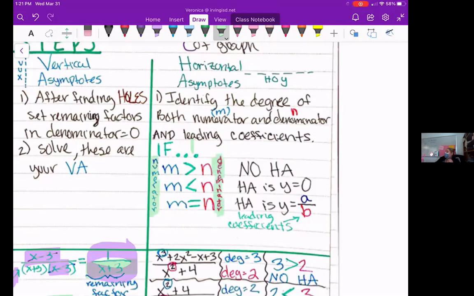So if your numerator is bigger than the denominator, and we're talking about the exponents, right? So don't forget that we're talking about exponents here. If your numerator is bigger than the denominator, then you have no horizontal asymptote, which means you have a, what's that called? A slanted asymptote.